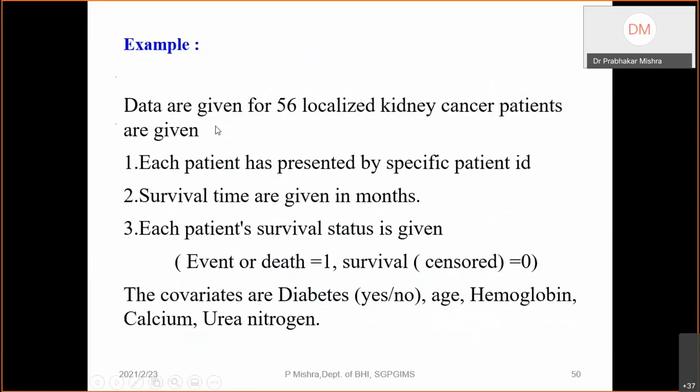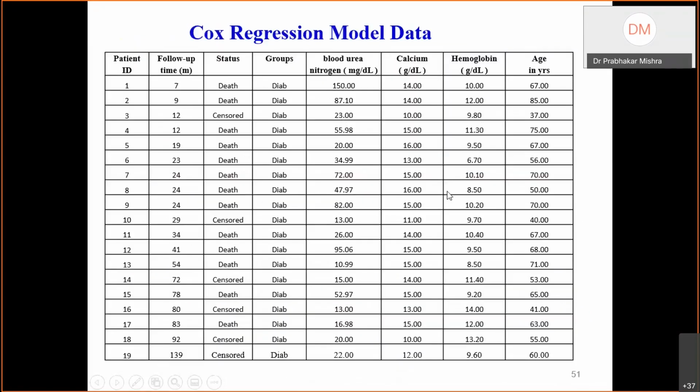So I have taken the same example repeated in this Cox regression model: 56 localized kidney cancer patients, and this is our data. Follow-up time, diabetic or non-diabetic, and status, death or censored, are given.